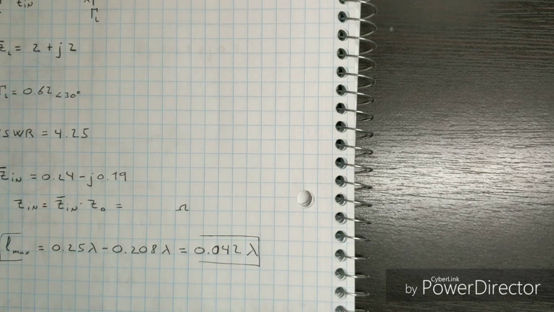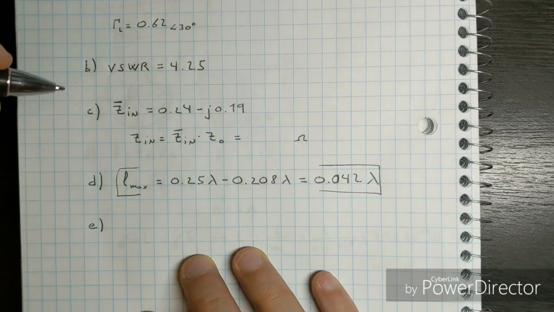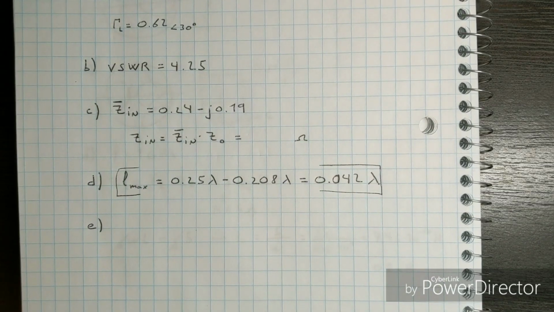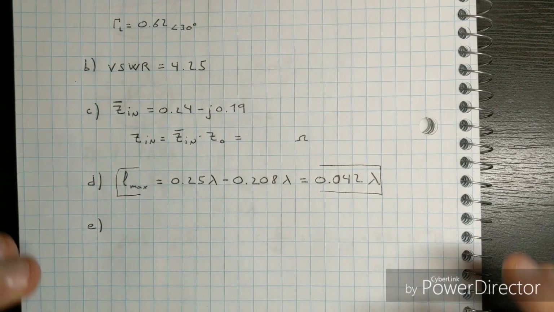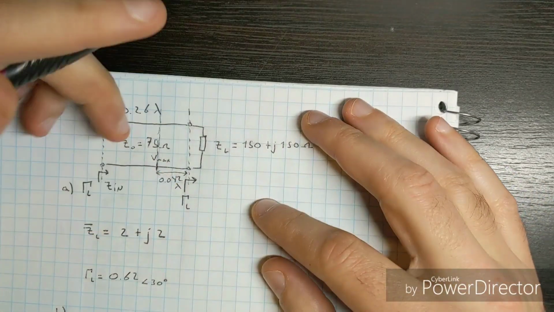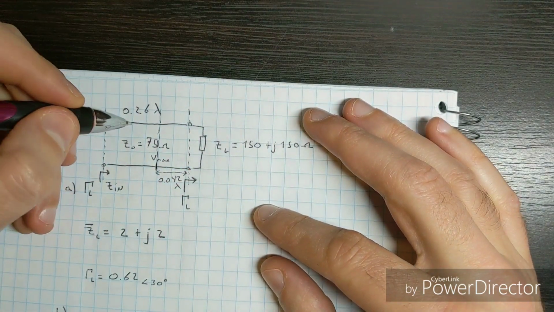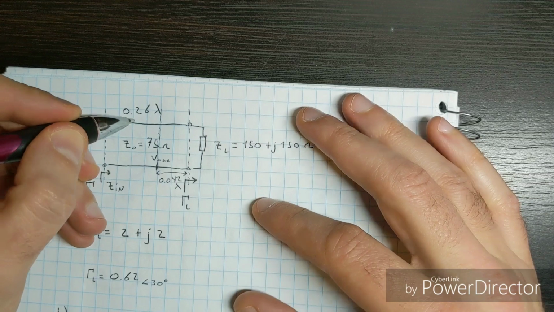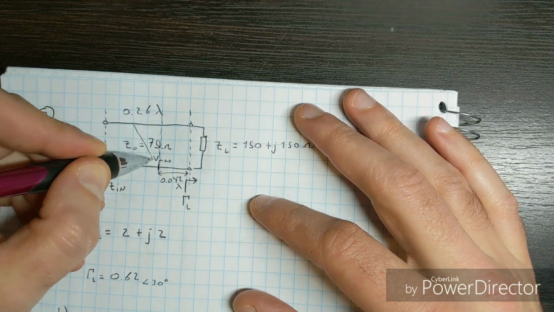All right, so finally we are asked in part E to design a matching network using a shunt stub of minimum length. So going back to our circuit, we have our load with our transmission line, and the idea is that we can place a shunt stub at some point along the transmission line.